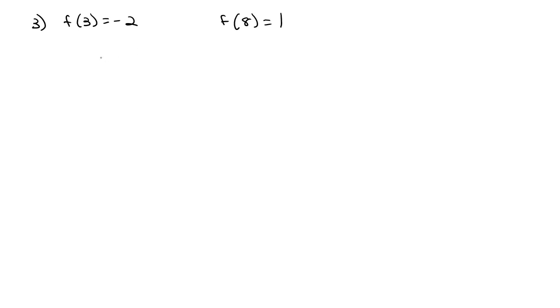Well, one thing that's going to be helpful is we're used to seeing f of x equals a y. So what we can see here is this really represents the points 3, -2, and 8, 1. That's going to make it like the other problems we solved. Our slope is y2 minus y1 over x2 minus x1.